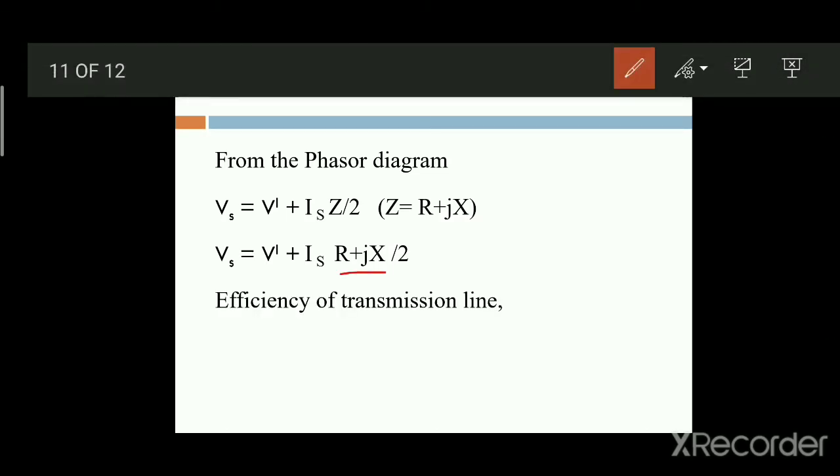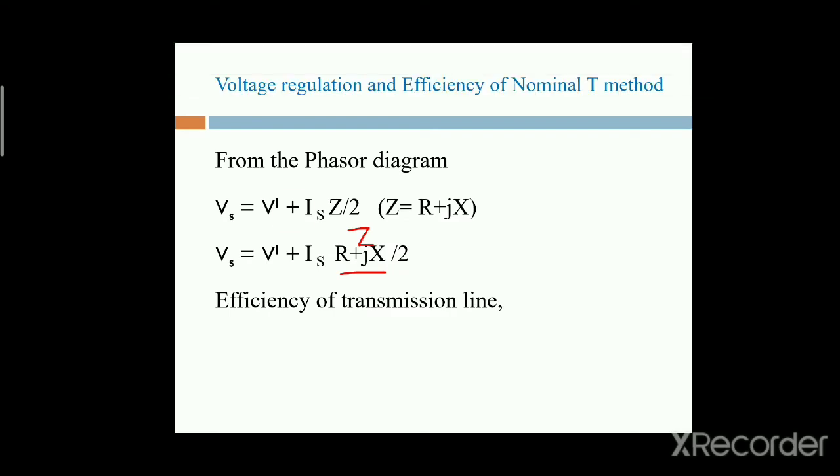Then the sending end voltage Vs is equal to V dash plus Is into Z by 2, and Z by 2 means R plus jX by 2. Therefore, Vs is equal to V dash plus Is into R plus jX by 2.